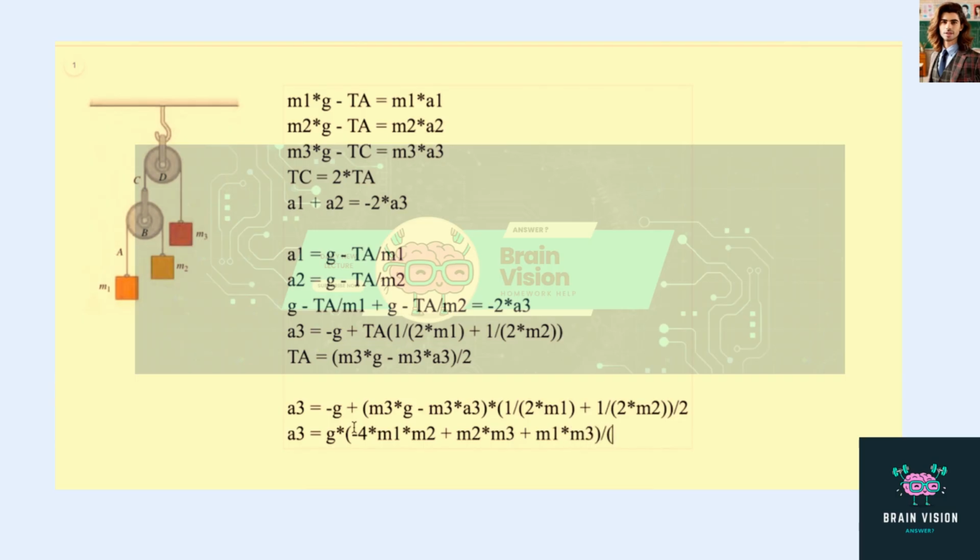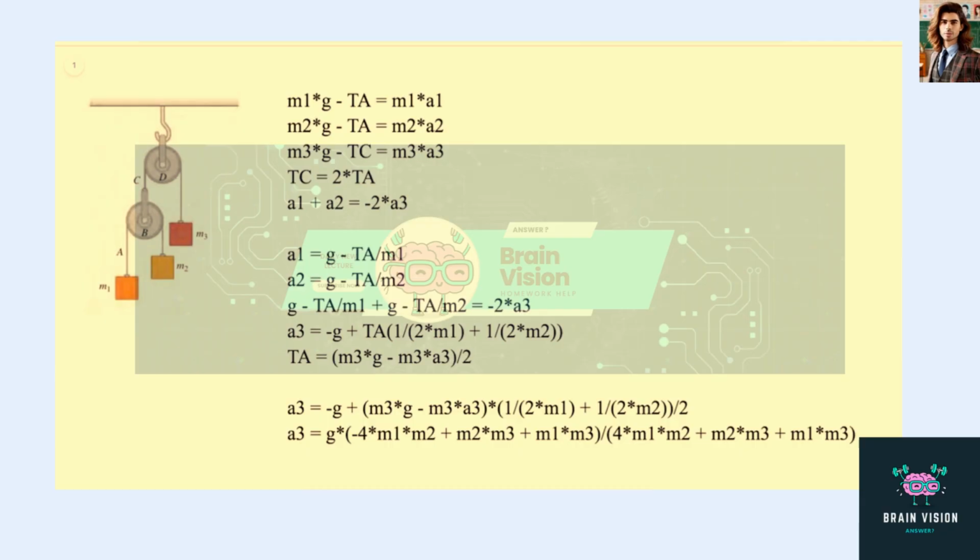And then the denominator will be the same thing, except the first term is positive. So we should end up with this pretty messy expression, but it's all in terms of M1, M2, and M3 and G. So this is going to be our answer for part A.